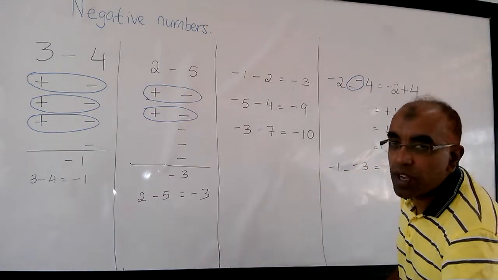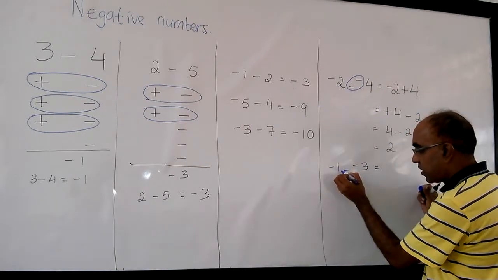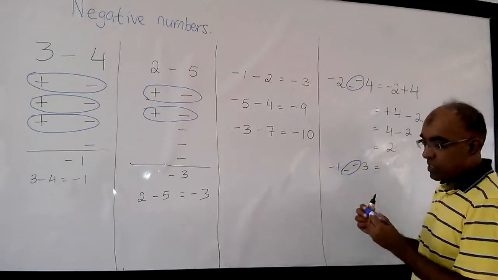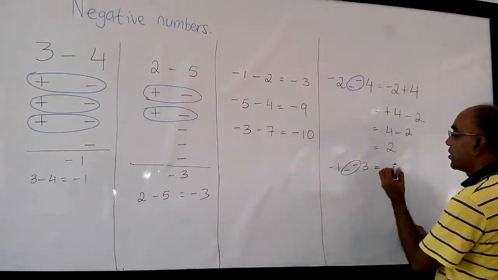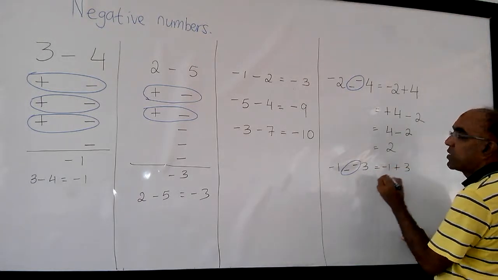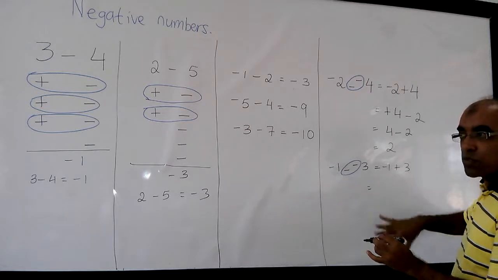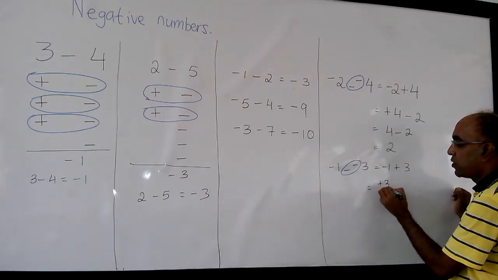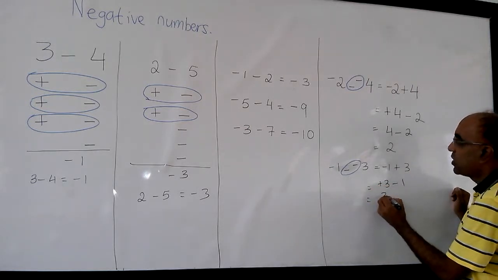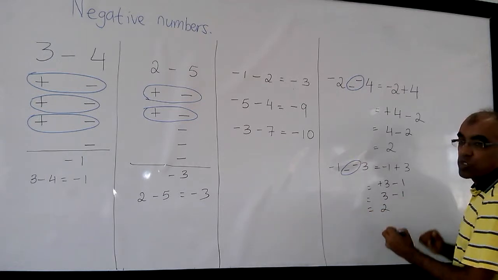So again we have a pair of stairs, as you can see here. The minus minus will become plus. So -1 plus 3. Then ladies first, plus first. So I write plus 3 minus 1, which is 3 minus 1, which is 2.